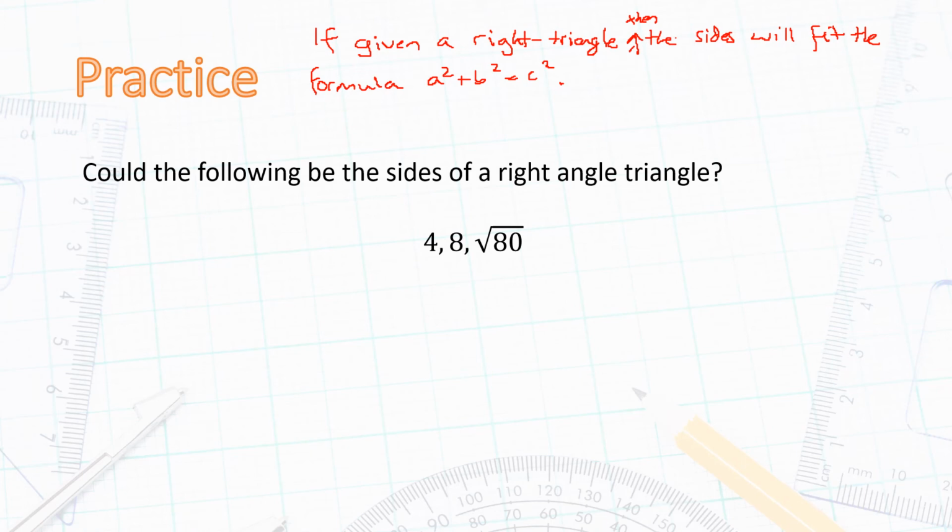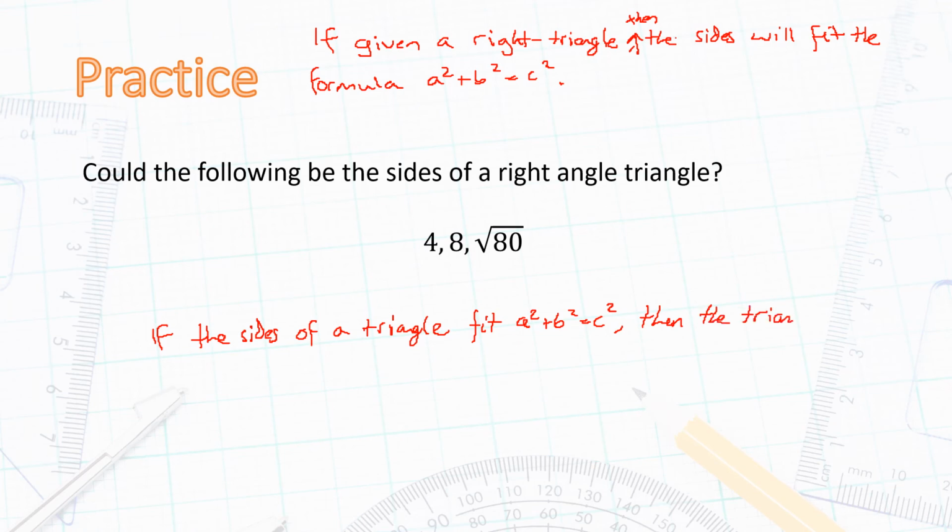The converse is if you switch those. So if the sides of a triangle fit a squared plus b squared equals c squared, then the triangle must be right angled.